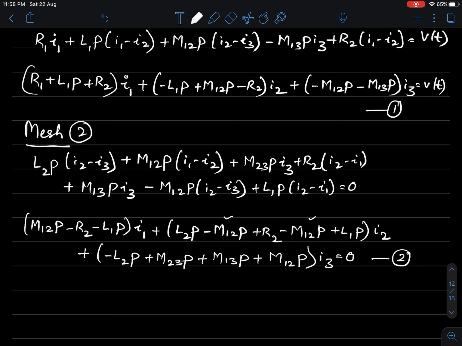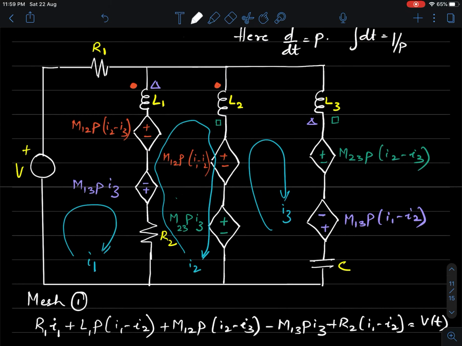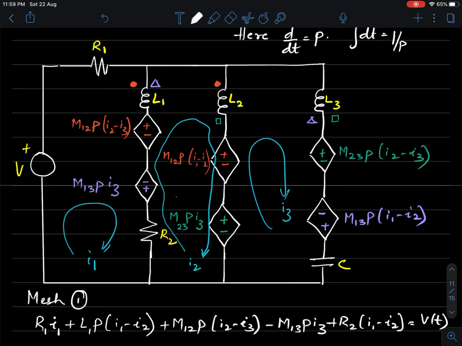Okay, so now I'll go for mesh 3. How do we write the third equation? Again, we'll start from the top left corner. I will start from here, go via L3, come via this source, the second source, C, there is one more dependent source, another source, and L2.